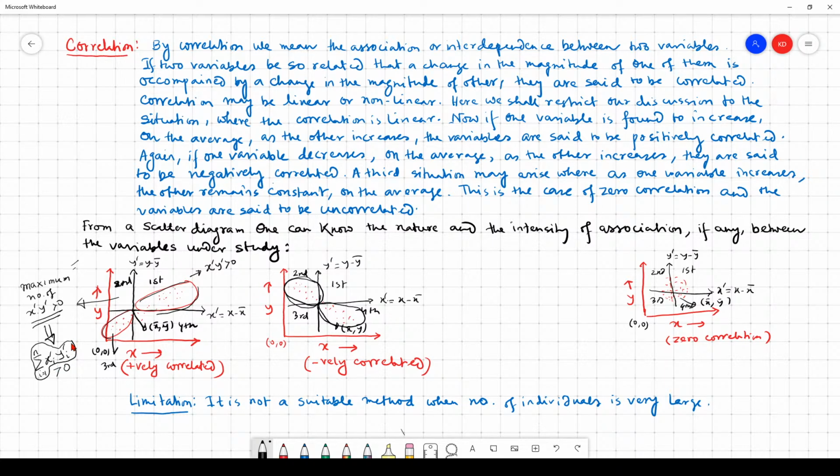Okay. Similarly, if you look at this graph for the negative correlation situation, then you see that maximum number of the products will be less than 0, because in the second coordinate y dash is greater than 0.